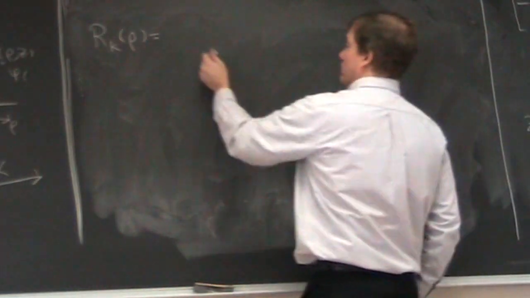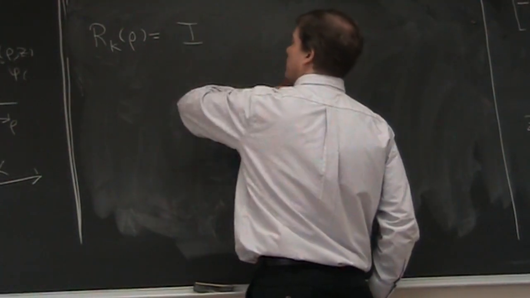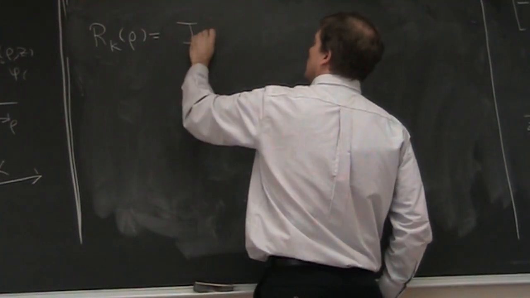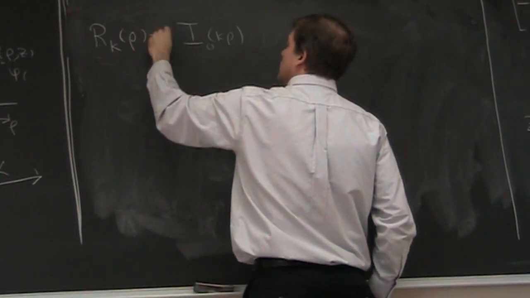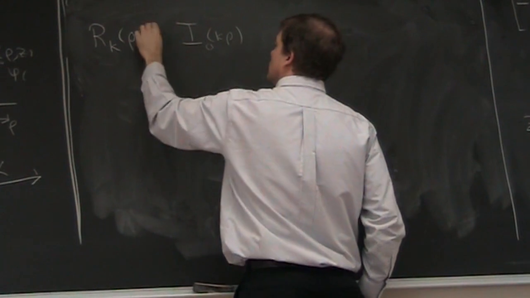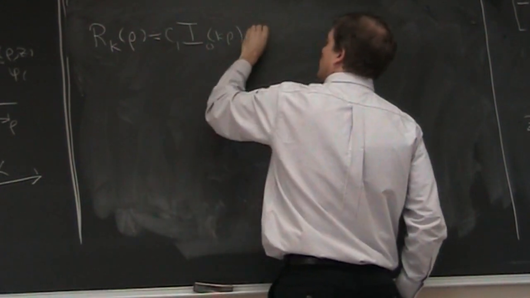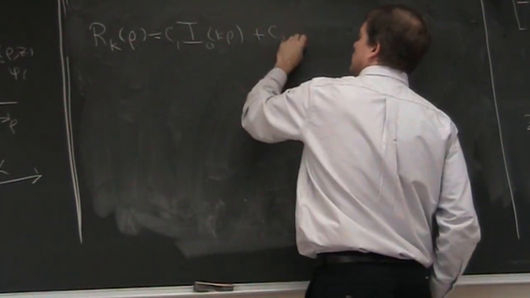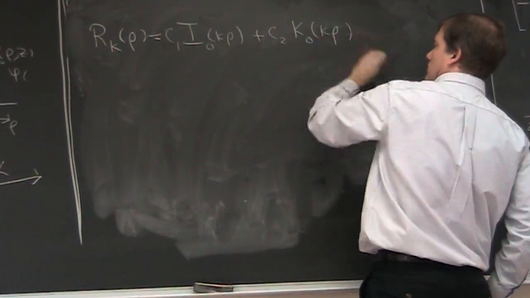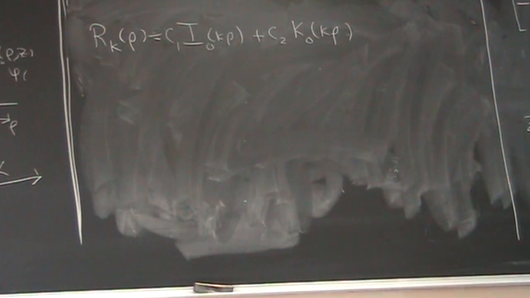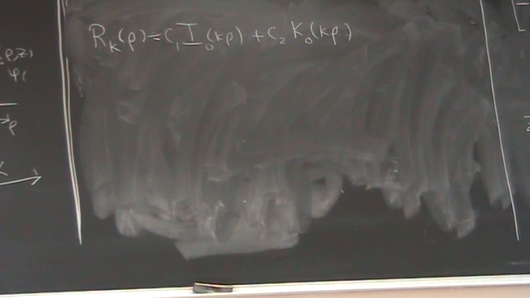You actually want the modified Bessel functions, which are I0 of k rho and K0, with constants C1 and C2. So the general solution takes a form like this. Good, that's our equation, and we now know the form of the solution.